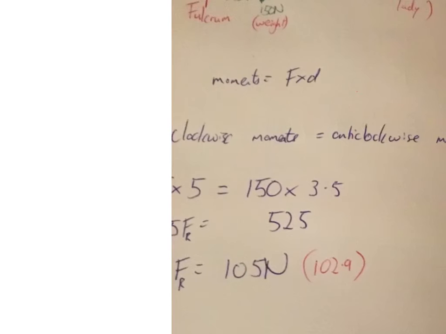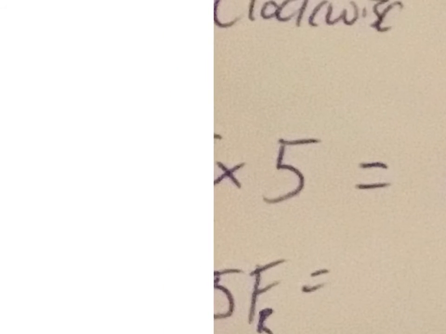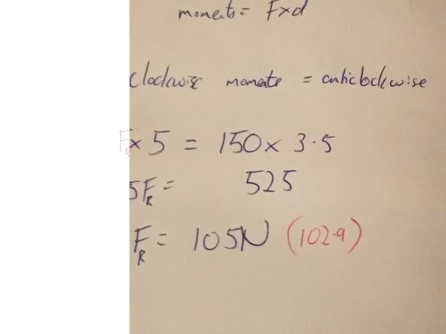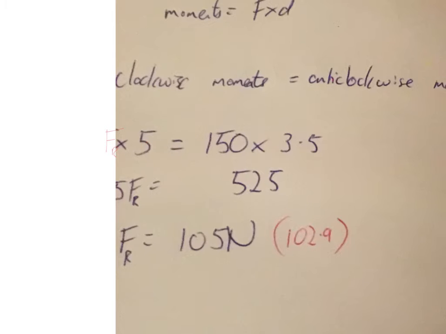Right, then the force times distance, well, the force here is not visible, but we can call that F, or, right, the force from the woman on the right side. Her distance from the fulcrum is 5 meters. Then on the right hand side, the force, our weight is 150 newtons and is multiplied by a distance of 3.5 meters.